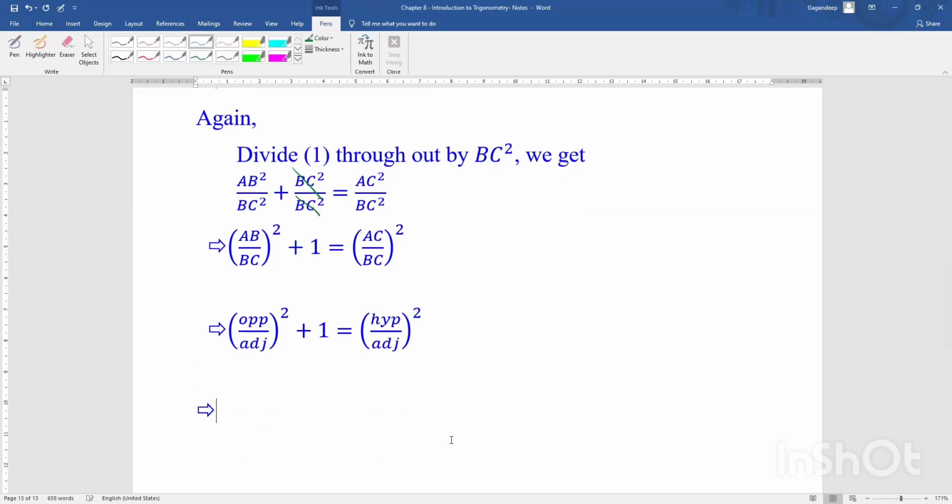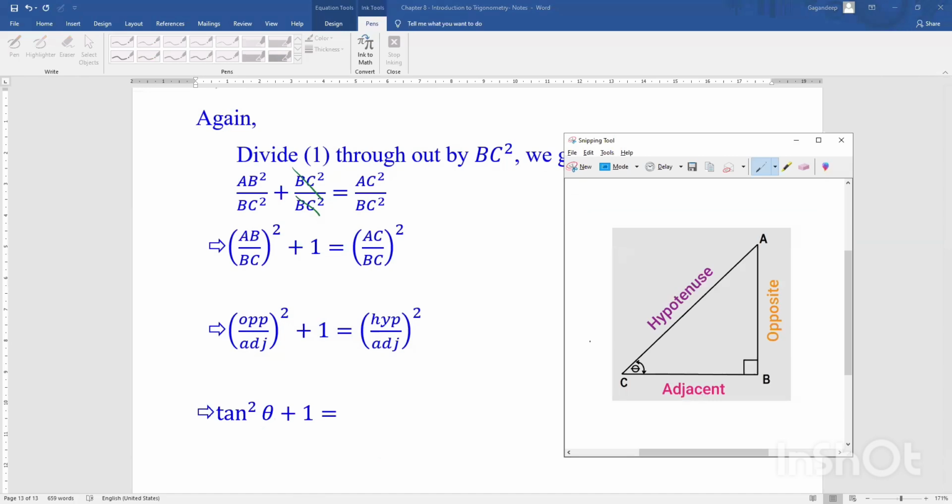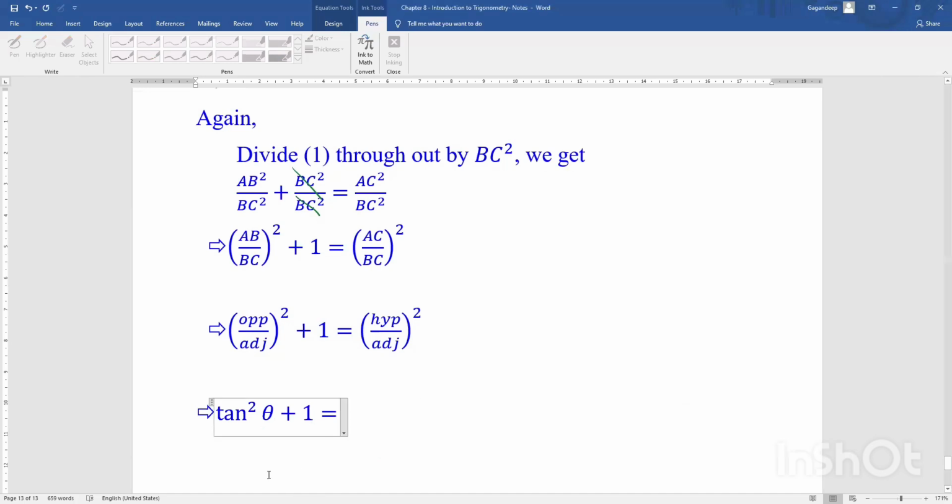Opposite by adjacent, by definition, is tan square theta. So let us write that: plus 1 equals hypotenuse by adjacent. Hypotenuse by adjacent is secant square theta.